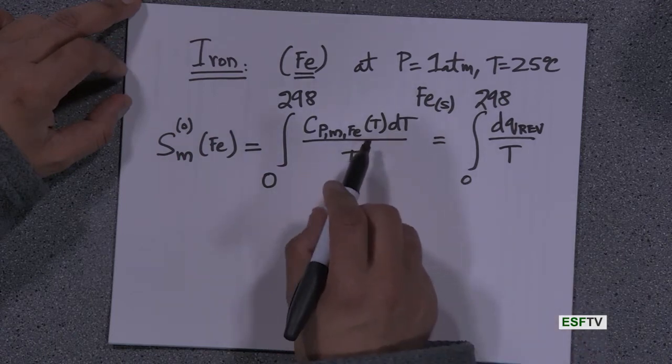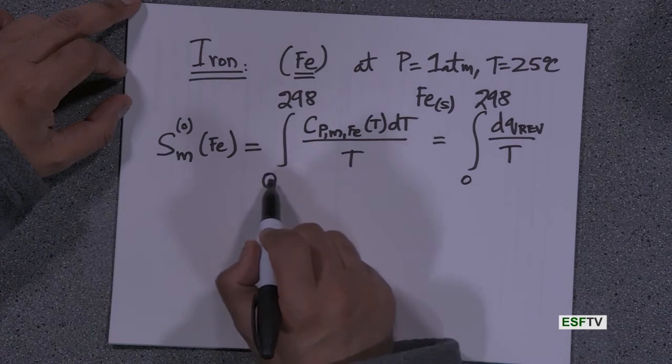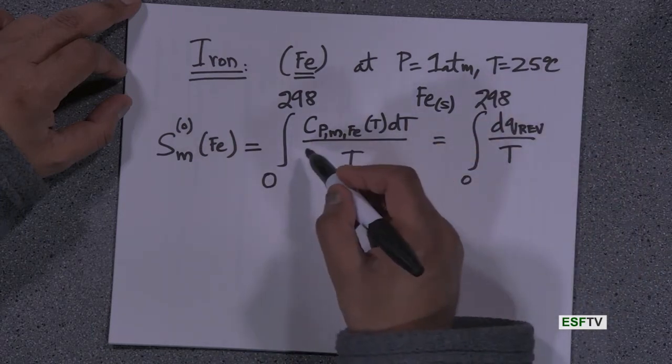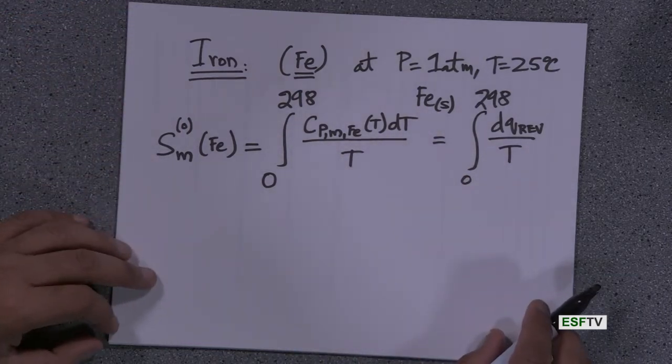There is no change of state. It starts out in the perfectly crystalline solid phase at 0 Kelvin, and lo and behold, at 25 degrees C, it's still in the solid state, so there is no change of phase or change of state. Okay, so that's the absolute molar entropy. Okay, so far so good.